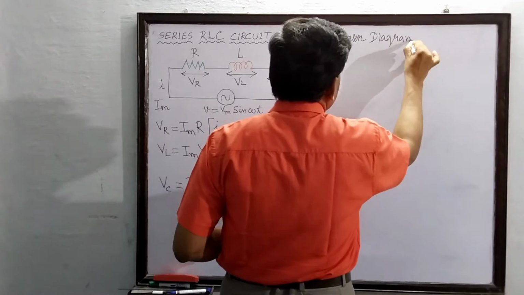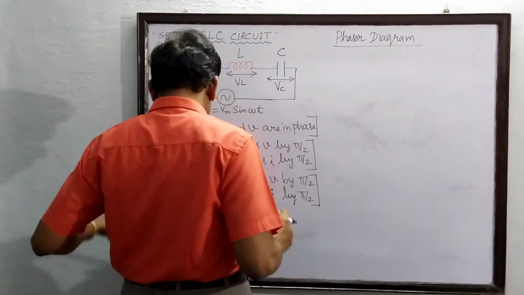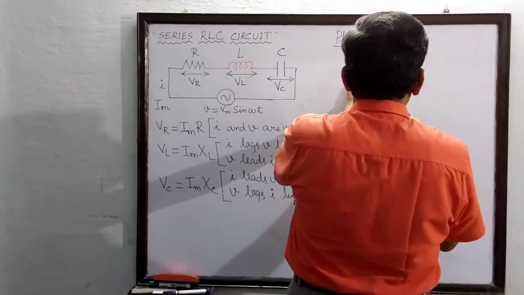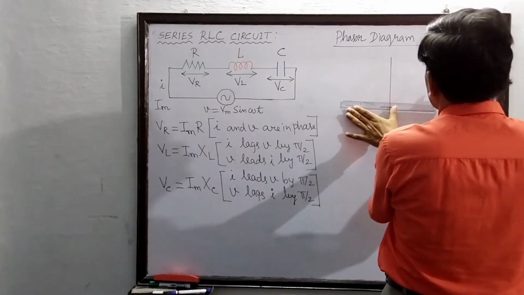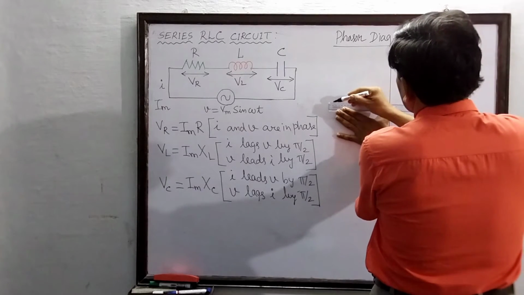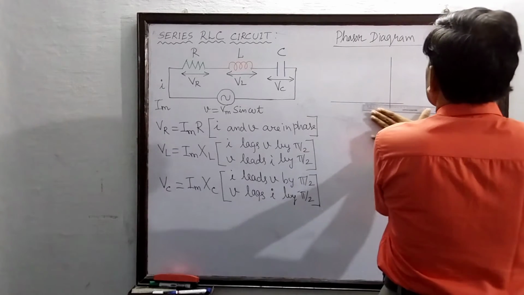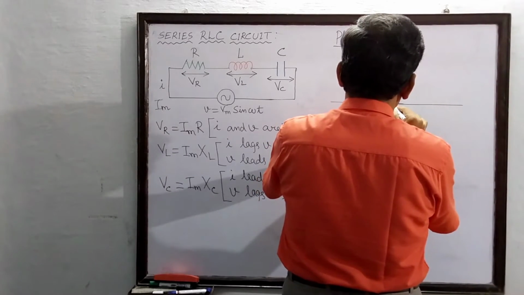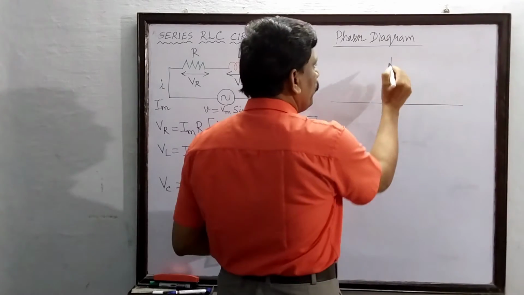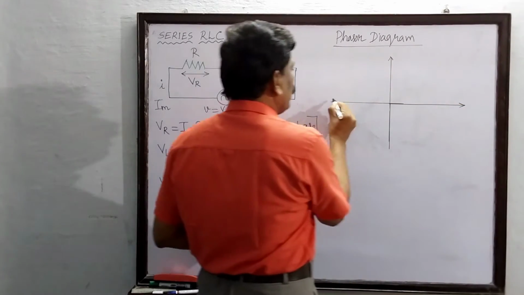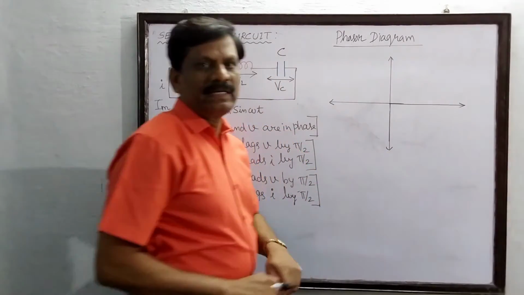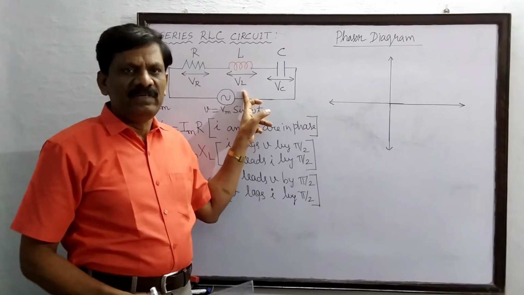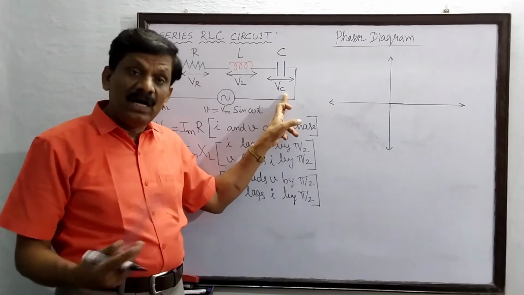So what is the phasor diagram? Goes like this. Now, before drawing the phasor diagram, I can assume either the voltage across the coil, that is VL, is greater than VC, or the other way.